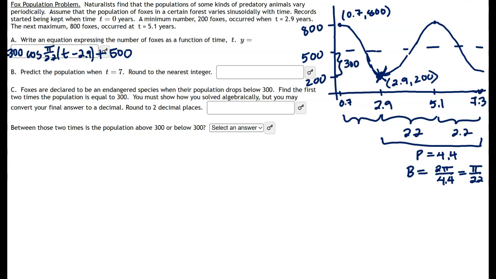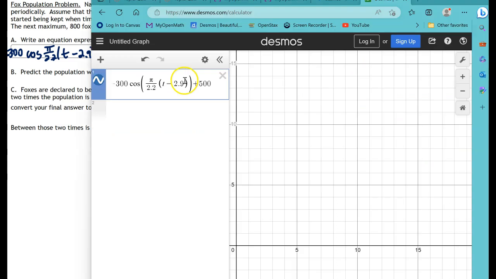Okay, and then I highly recommend checking a graph, and then we'll use the graph to check some of our other answers as well. So I'll head over to Desmos. And I do have this typed in just so you don't have to watch me do that. But I haven't messed with the window yet, and you can see that this does not fit in the window that I have from whatever I was last messing with. But we kind of know what this should look like.